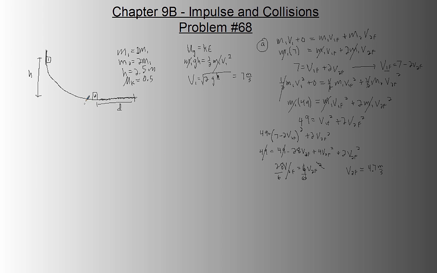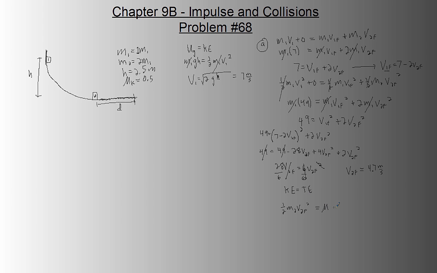Nope. Because this block starts off moving at 4.7, and by the time it hits the end of distance d, it stops. So there's conservation of energy, because the kinetic energy with the speed turns into thermal energy. So KE equals thermal energy: 1/2 m2 v2 final squared turns into force of friction times distance.